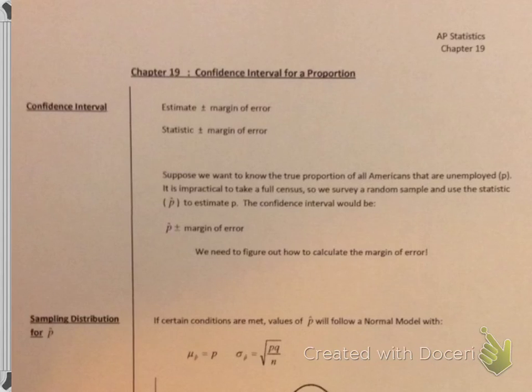So the idea here is that we want to figure out a lower bound and an upper bound, this whole idea of an interval, and say we think it's going to be between these two values.